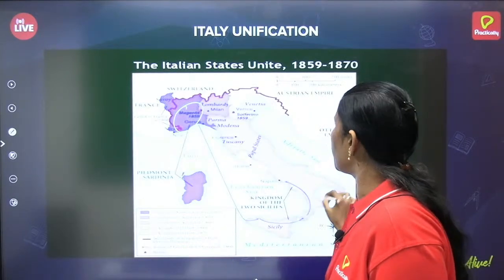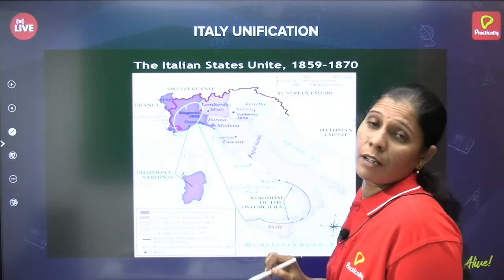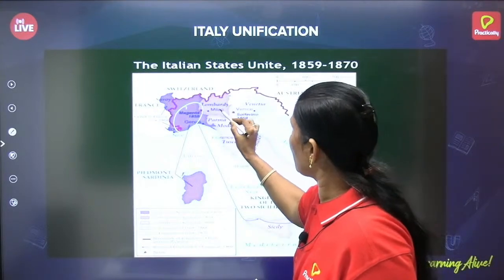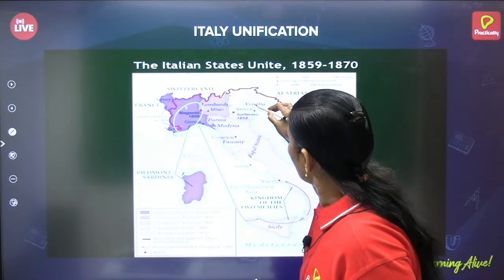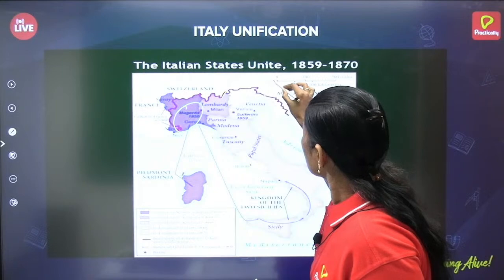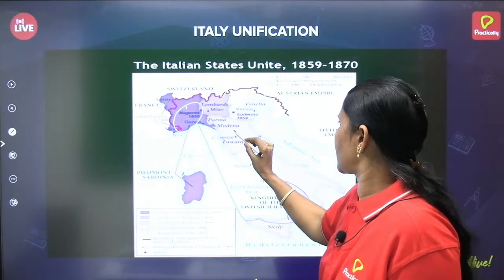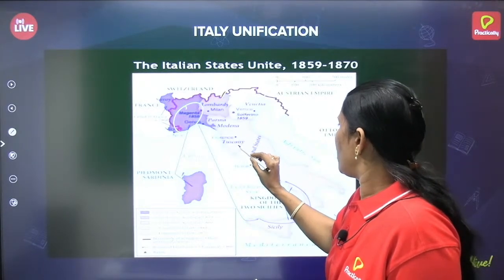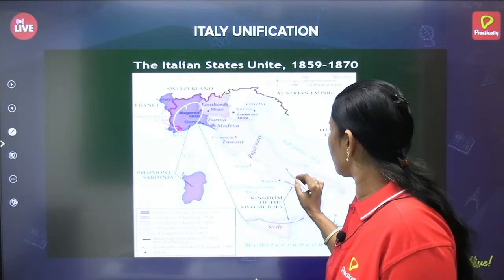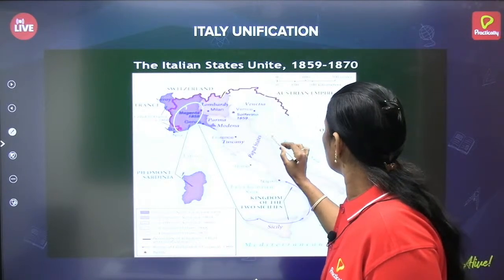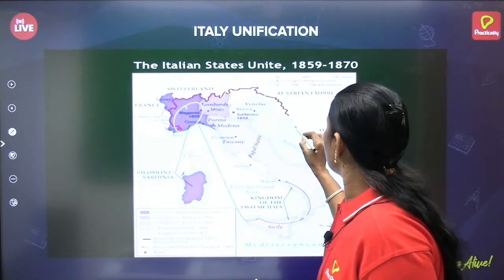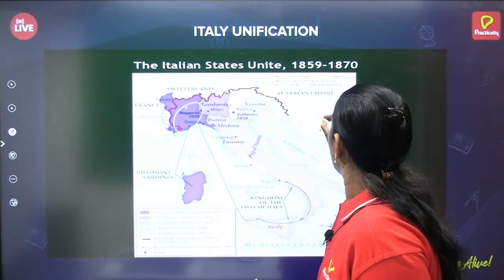The remaining areas were under different influences. Lombardy was under Austria, and Venetia too. The Papal State, Tuscany, Modena, all these places were under the Habsburgs and client kings.